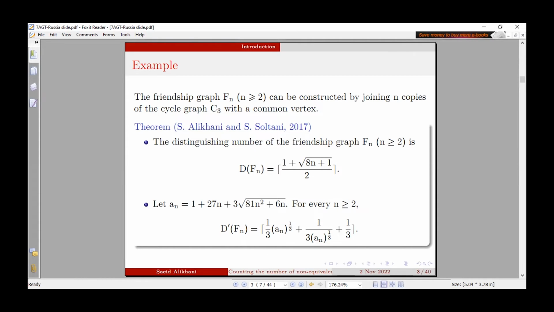Okay, let me say something about this graph. You know, we have a K1. Let me denote the join of graphs with the symbol V. So I have just one K1 and K2. This is one K2 and this one another K2 and so on.